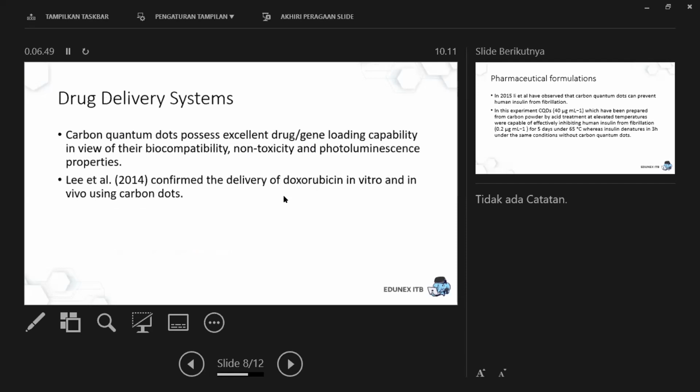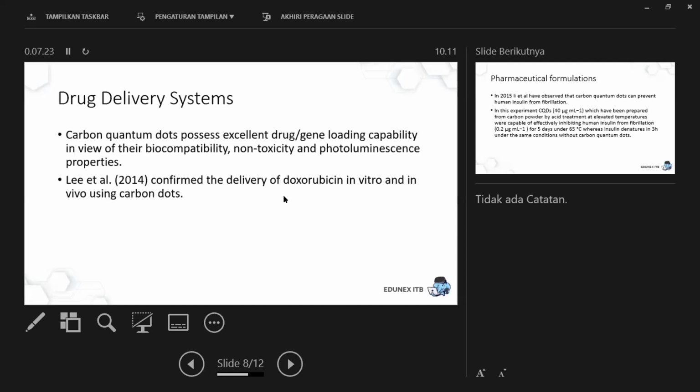The next application is drug delivery system. Carbon quantum dots possess excellent drug loading capability in view of their biocompatibility, non-toxicity, and photoluminescence properties. Their small size and large surface area allow rapid cellular uptake with limited influence on drug activity.